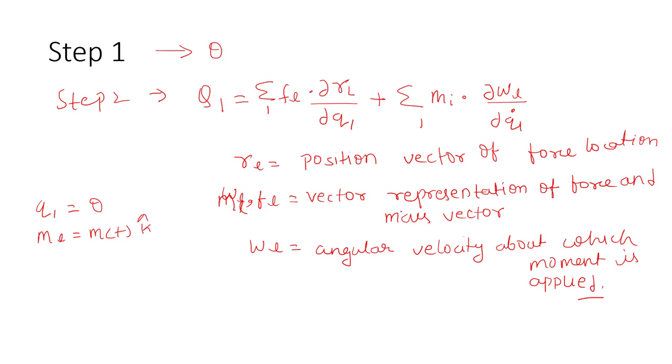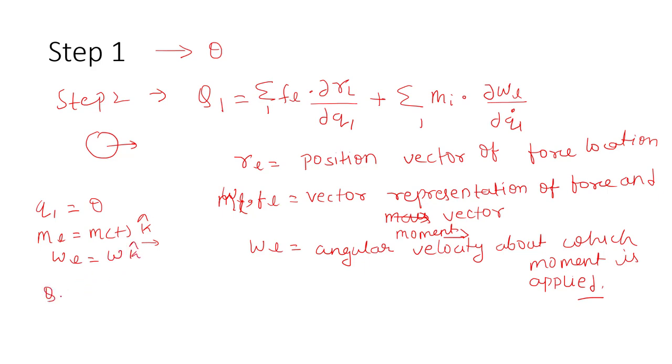Sorry, this is not the mass vector, this is the moment vector, mt into k cap. Why k cap? Because this is an in-plane motion and the moment is always applied about an out of plane direction, so you can represent it as m into t into k cap. Similarly, omega L becomes omega into k cap.